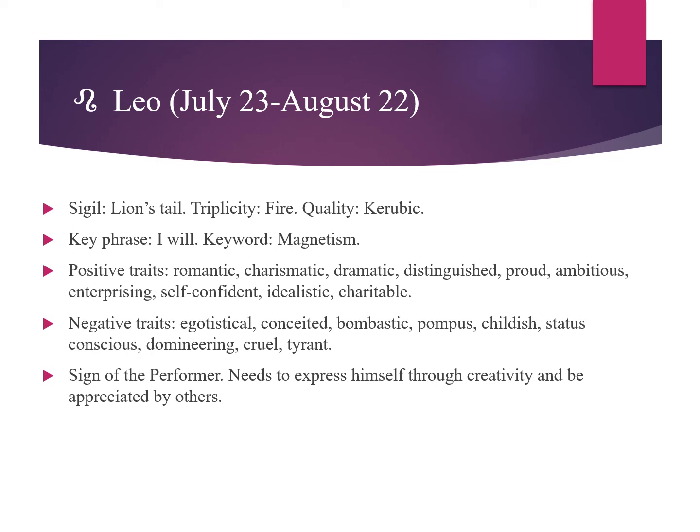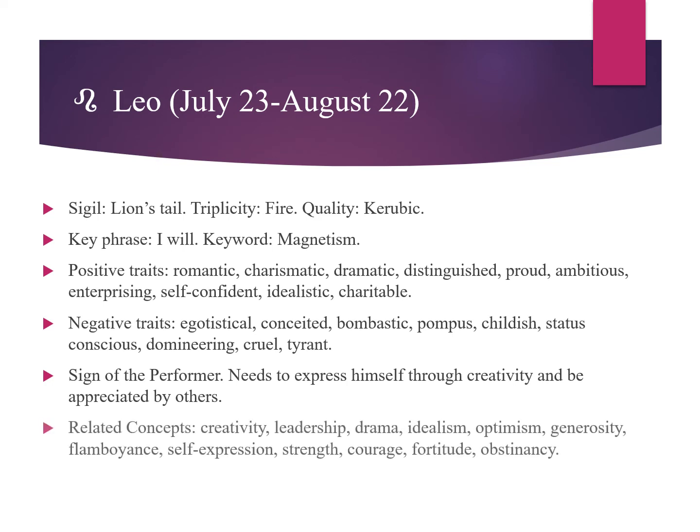Leo is the sign of the performer, so Leos need to express themselves through creativity and being appreciated by others. Related concepts to Leo include creativity, leadership, drama, idealism, optimism, generosity, flamboyance, self-expression, strength, courage, fortitude, and obstinacy.